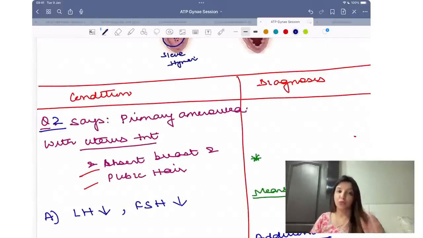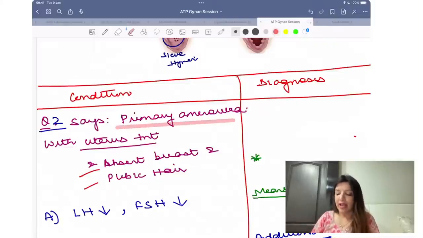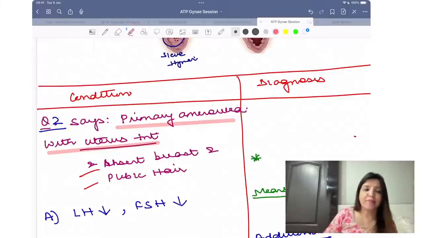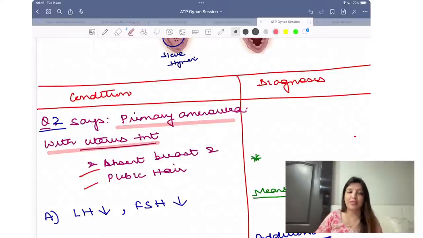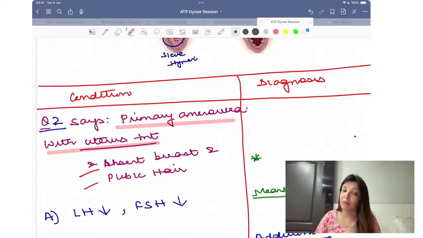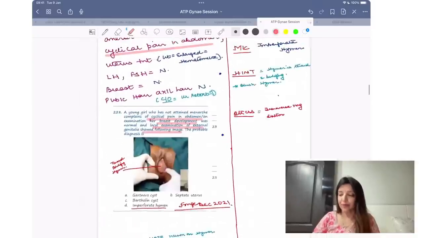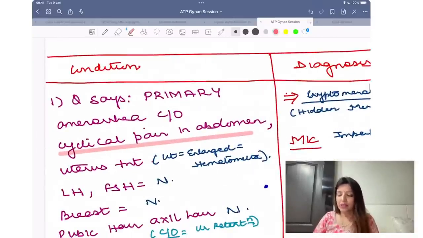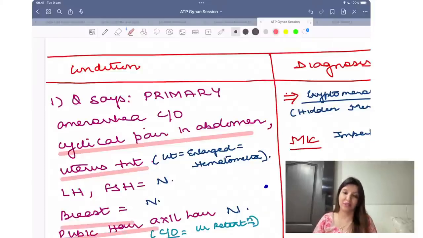Coming to question number 2. Now, if they say that there is a female who has come to you with primary amenorrhea and with uterus present, absent breast and pubic hair. This is how the question is going to be. Remember, in cryptomenorrhea, uterus was present, breast was present, pubic hair was present.